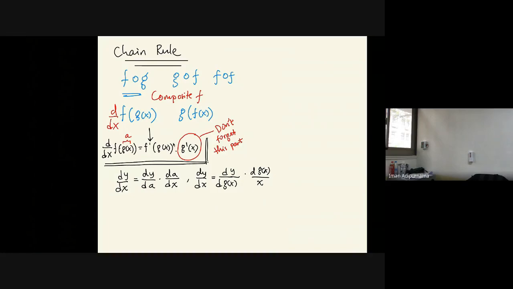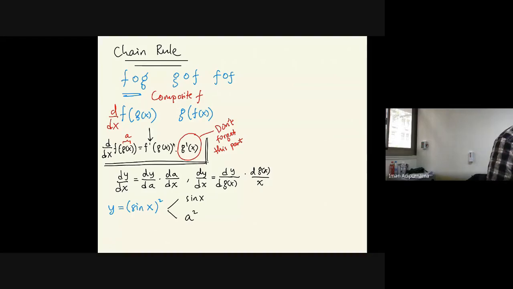Okay. So for example, let's see. If you have your y is sine x, squared. What does this equation mean? You have a function of sine x, and then you have some function, let's say a squared.